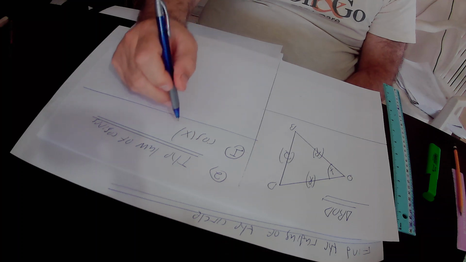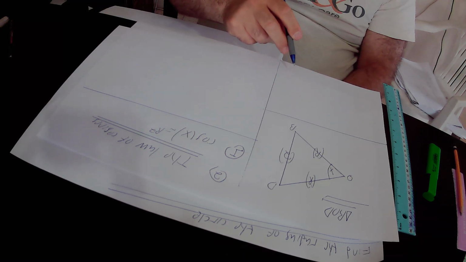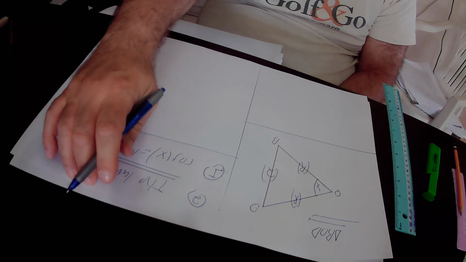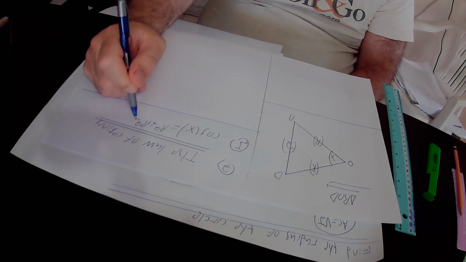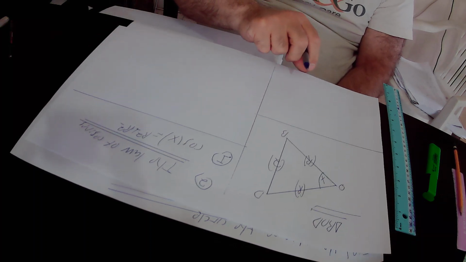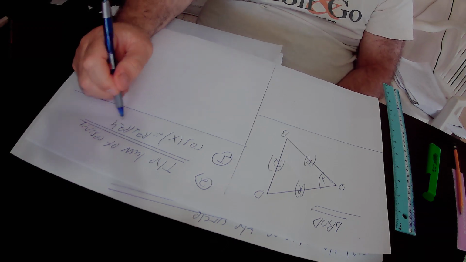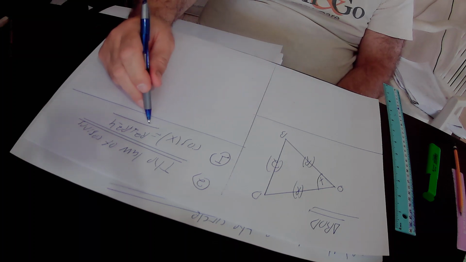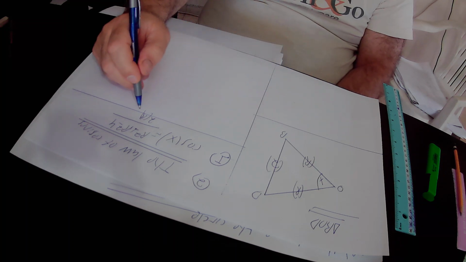OD is R, therefore OD squared is R squared, plus OB squared. OB is R, therefore OB squared is R squared. So it is plus R squared, minus DB squared. DB is 2, therefore DB squared is 2 squared, that is 4. So it is minus 4, divided by 2 times OD, which is R, times OB, that is also R.